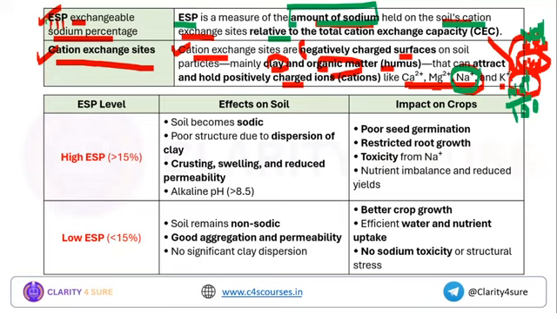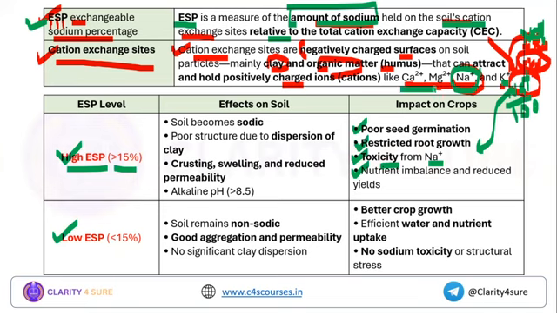ESP could be high or it could be low. When the ESP is high, that is more than 15%, its impact will be poor seed germination, restricted root growth, and toxicity of Na+, because Na is present in excess, which is not desirable. There is also a nutrient imbalance, because Na+ is present more than the other cations.